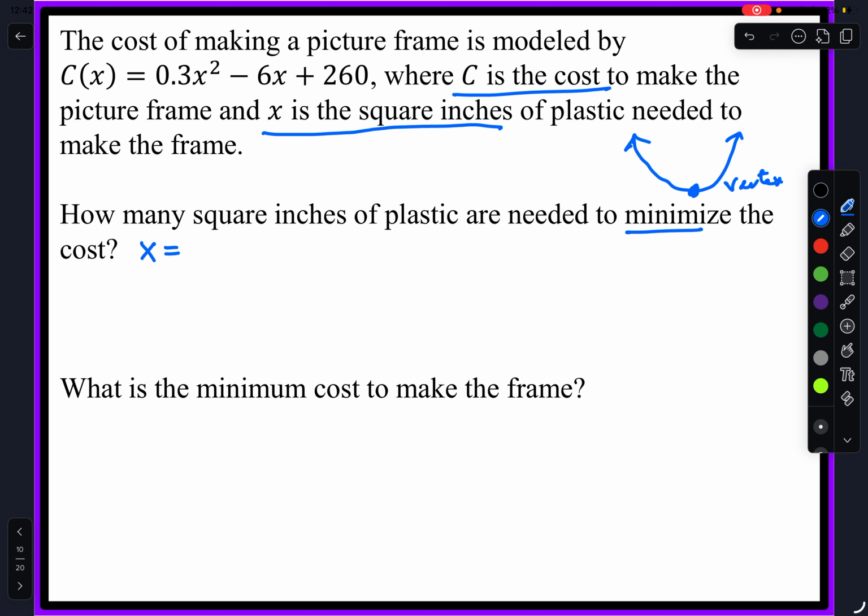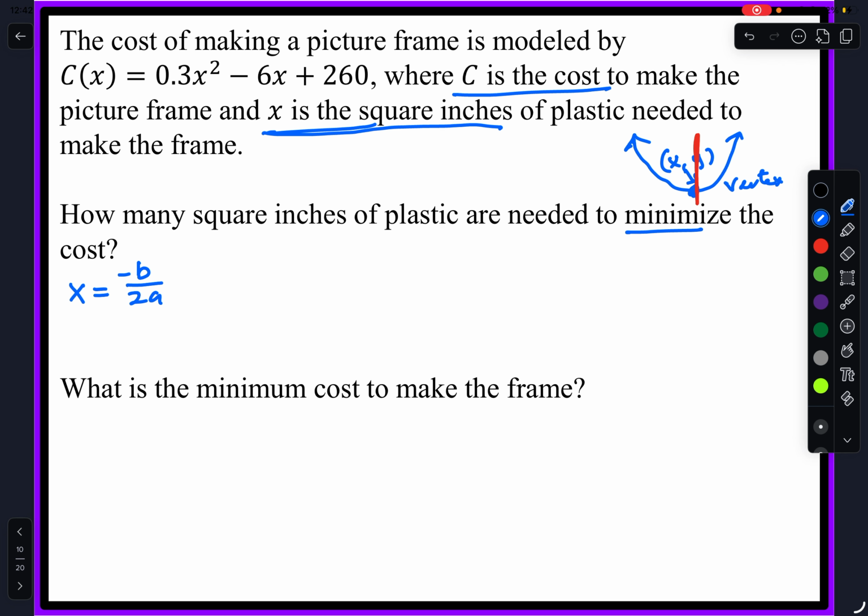at the vertex. So to find the X value that's going to create the minimum, we're looking for the X coordinate of this vertex right there, which we can find by using the formula that we use to identify the axis of symmetry, the vertical line that goes through the vertex and cuts this parabola into two equal parts, which is negative b divided by 2a.